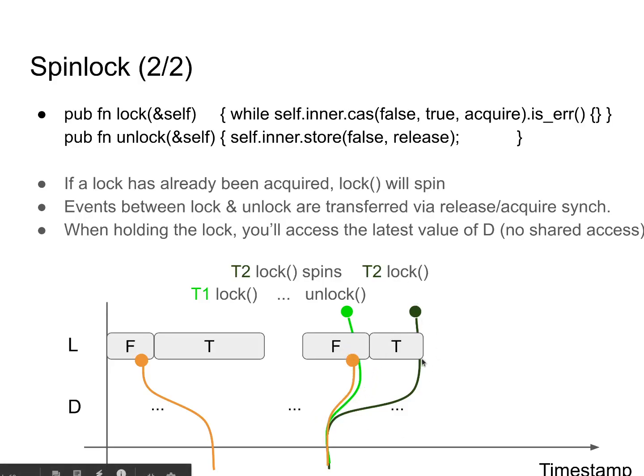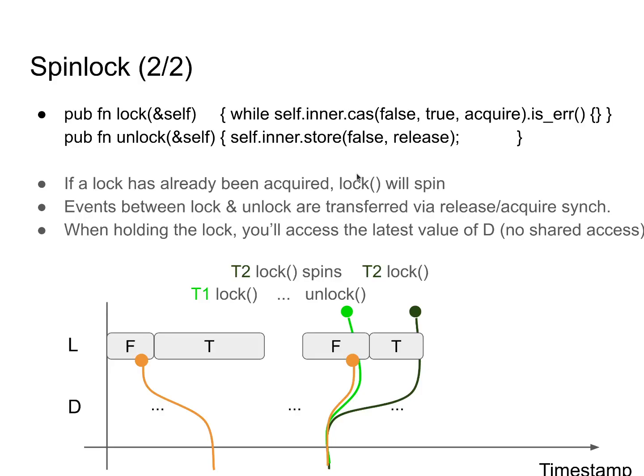And T2 should observe the latest value of this D. It cannot read or write to the previous area here. So that's basically the purpose of this release and acquire synchronization.